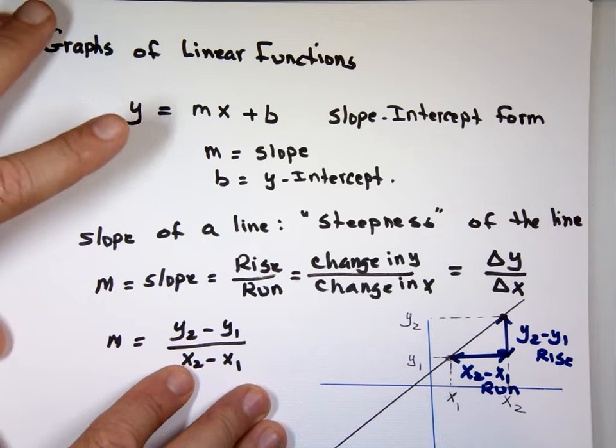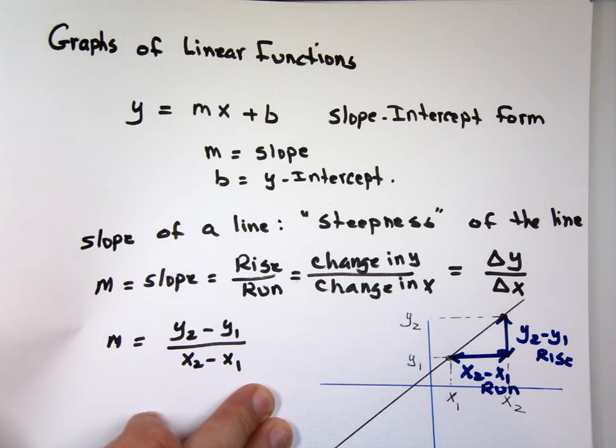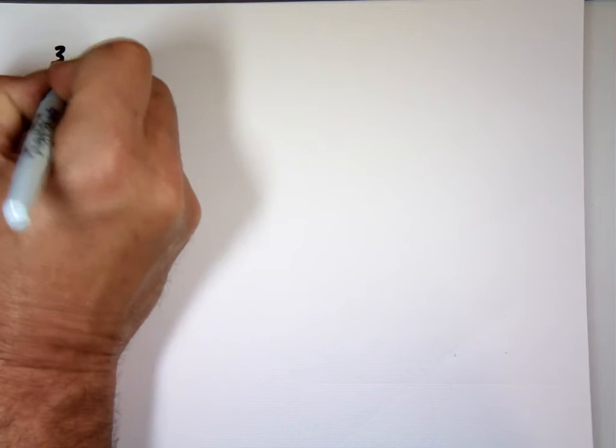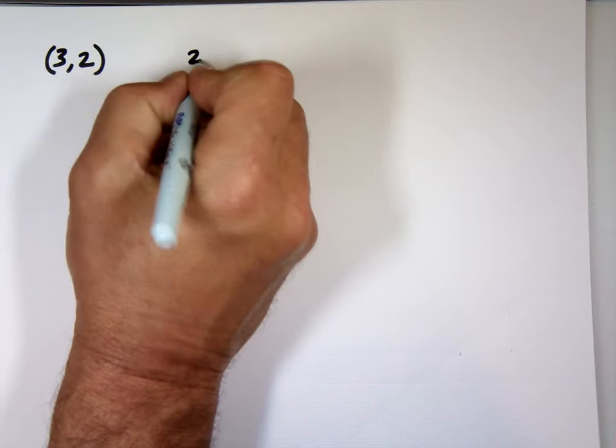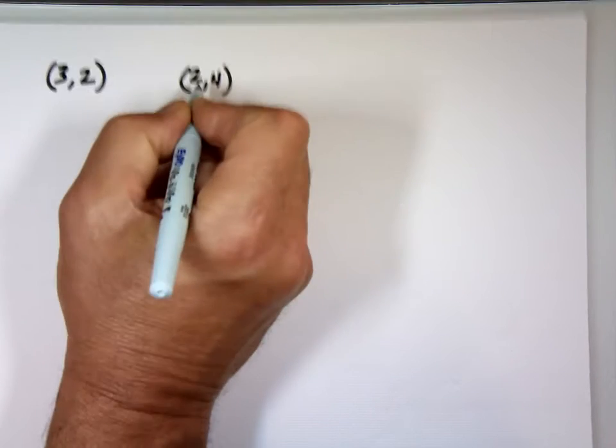Somebody pick a point. Give me an x and a y value. I don't care what the number. Go ahead. 3 and 2. Somebody else, give me another point. 2 and 4? Okay. So here's the question.